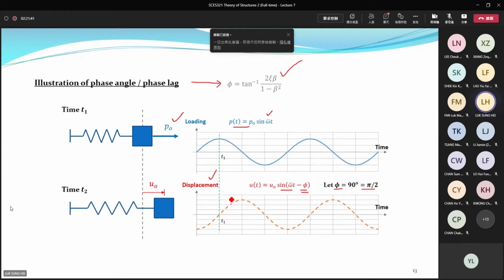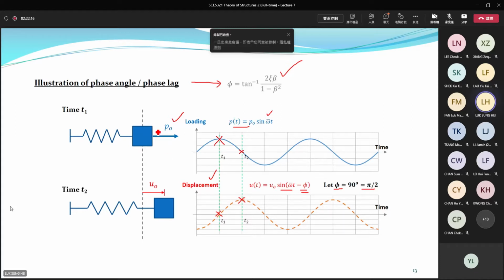And you can see from this graph, at time equal to t1, the force reaches its maximum level, but the displacement is not maximum. After a certain period of time, right here, at time equal to t2, force drops to 0, displacement reaches its maximum level.